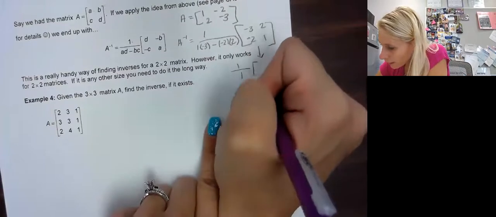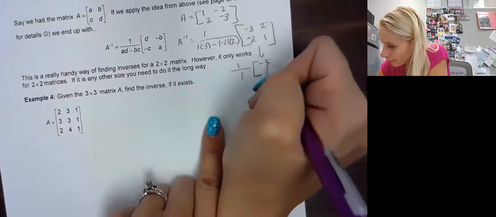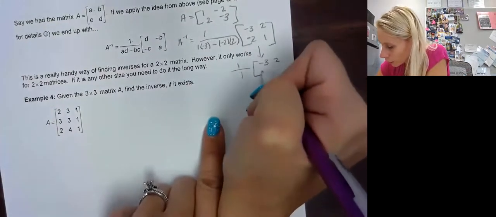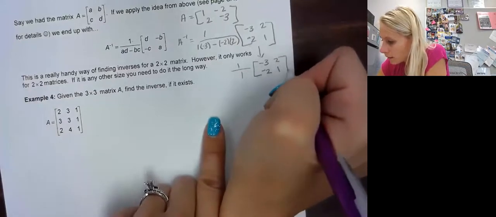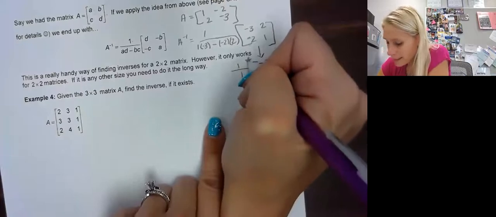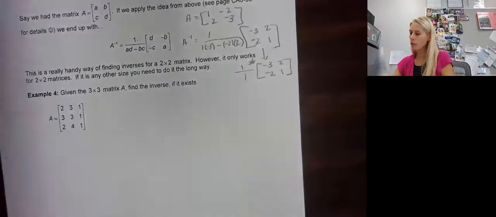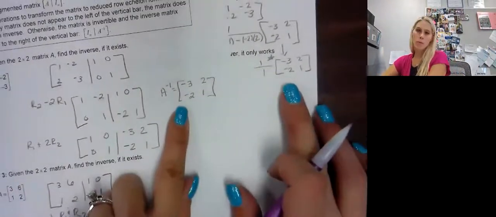So luckily, look at this. I didn't even have to do that scalar multiplication because anything times 1 is itself. And what do you know? We see this is example 2 right over here, that they are the same ones.